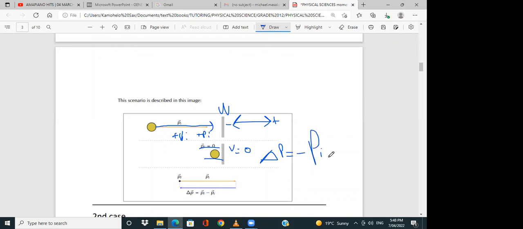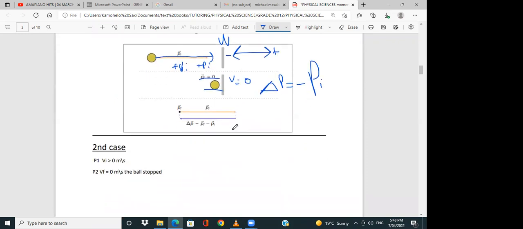If you know your math, you know what's happening here. Let me explain my negative pi. We have a 0 here for final velocity, and then minus pi. This is why we have our negative pi.